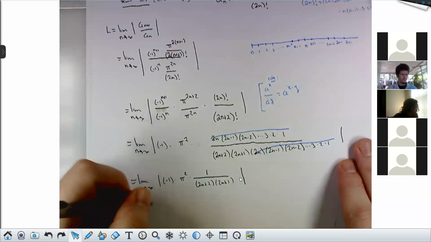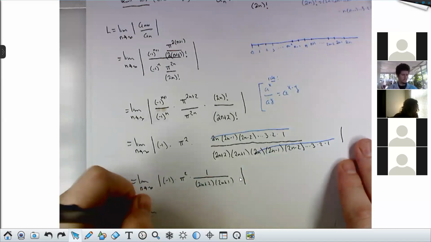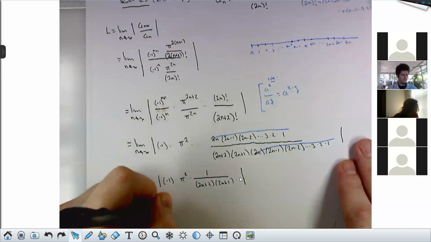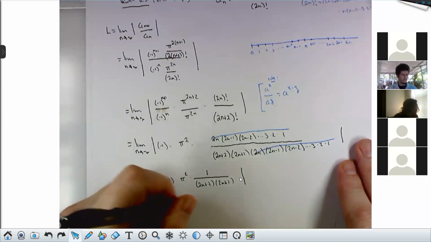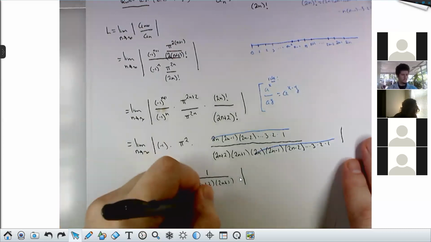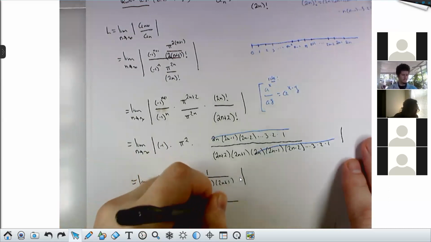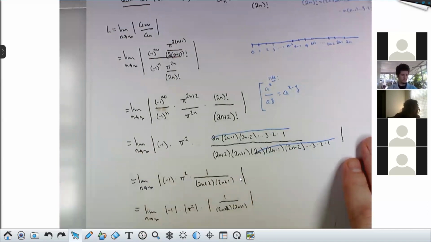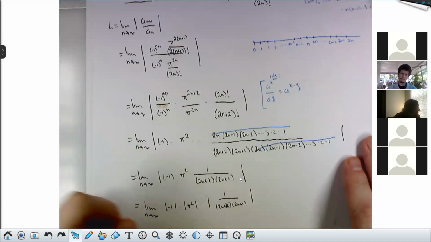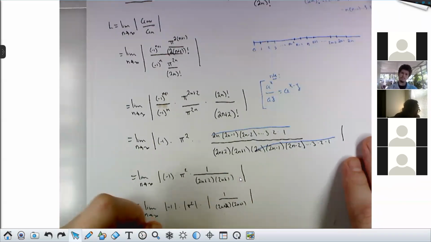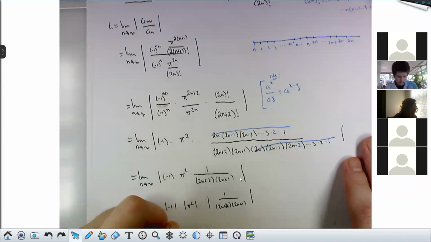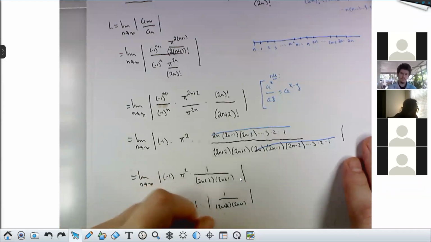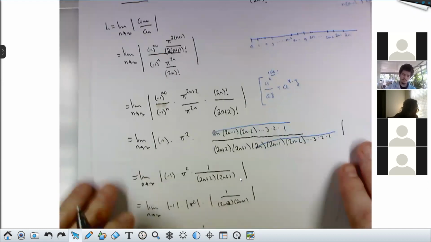So this is the limit as n goes to infinity of the absolute value of -1 times the absolute value of pi squared times the absolute value of 1 over 2n plus 2 times 2n plus 1. This is positive, this is positive, this is 1. So this is just pi squared times the limit as n goes to infinity of 1 over 2n plus 2 times 2n plus 1.